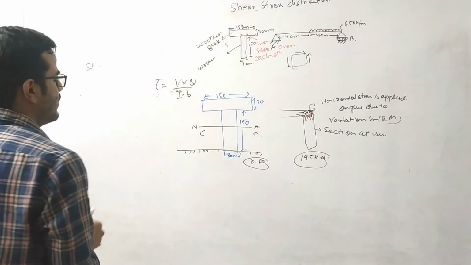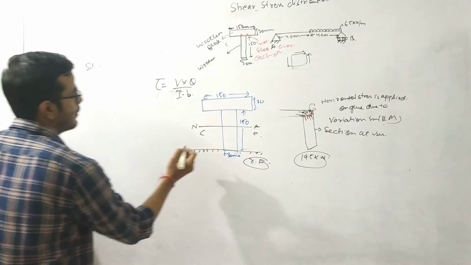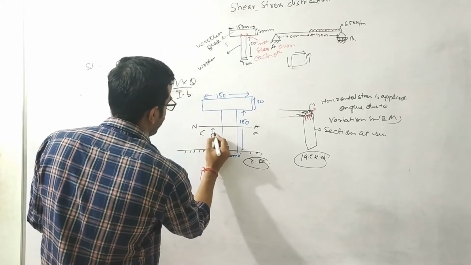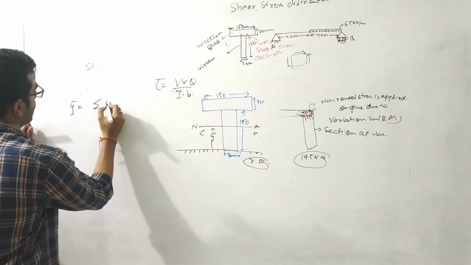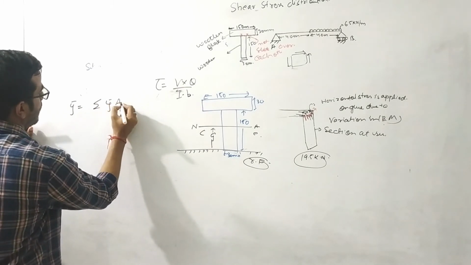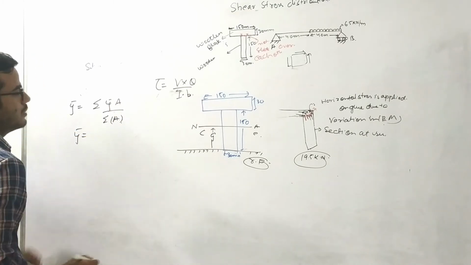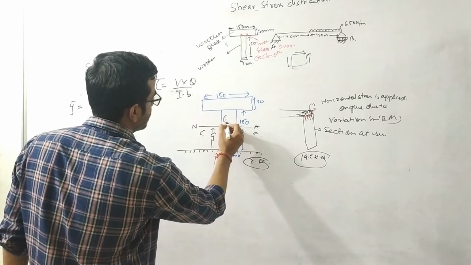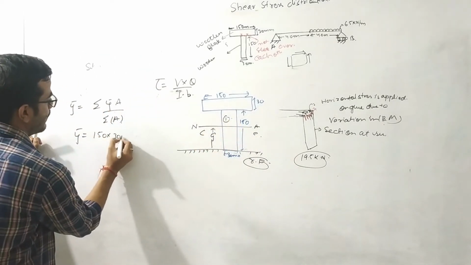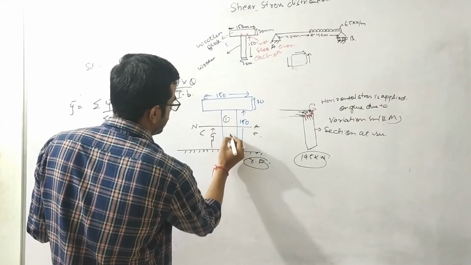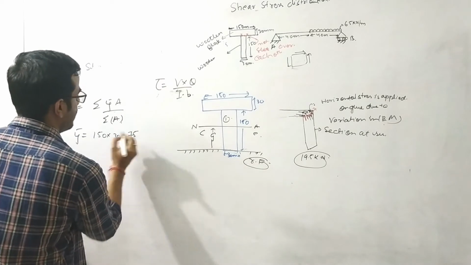If this is my reference plane over here, let us suppose this is my y bar. My y bar equals summation of a y over summation of a. First I will consider this figure. The area will be 150 into 30 mm, and the centroid from this reference axis will be 75.